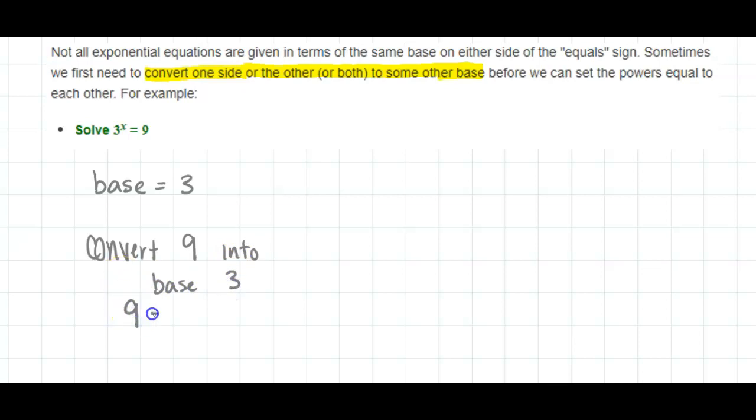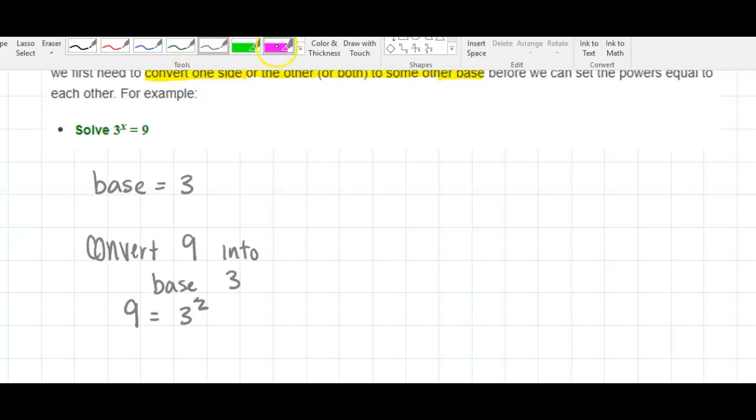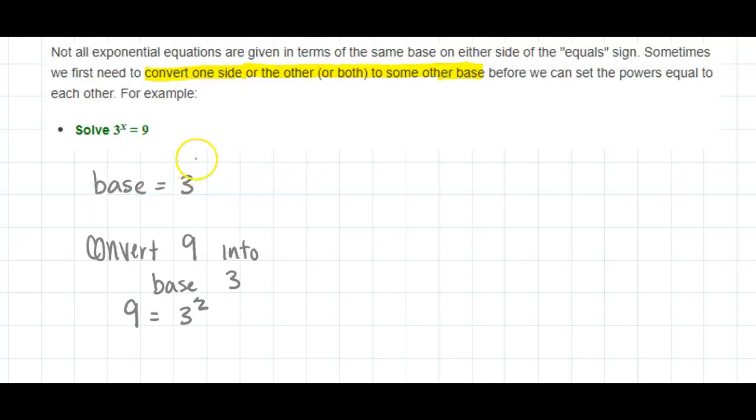Well, 9 equals 3 squared. That's a pretty common one that we should know. So let me rewrite this as 3 to the x power equals, instead of writing 9, I'm going to write 3 squared, because 9 is equal to 3 squared.